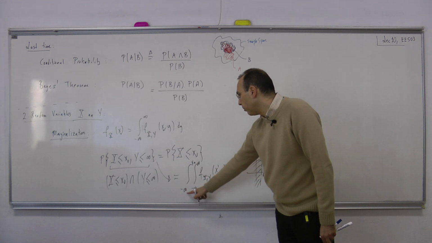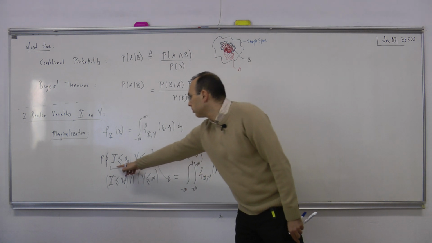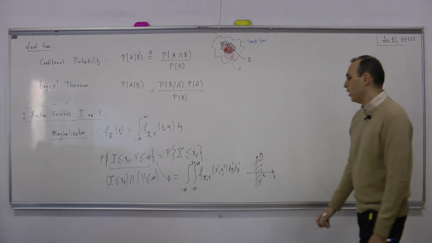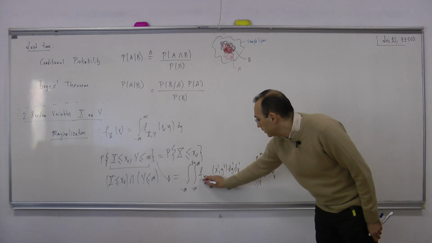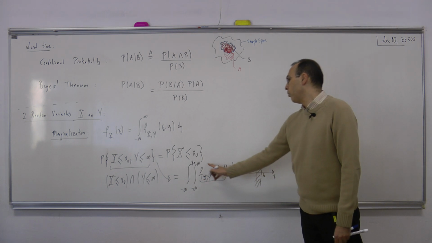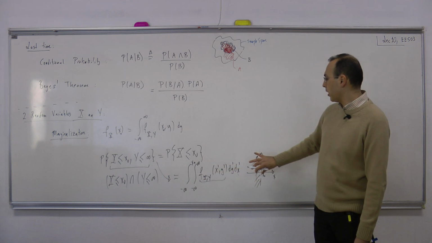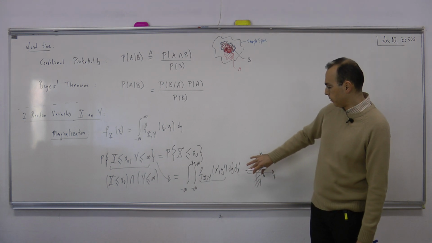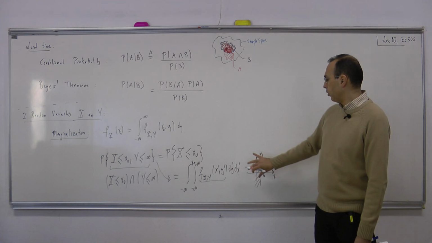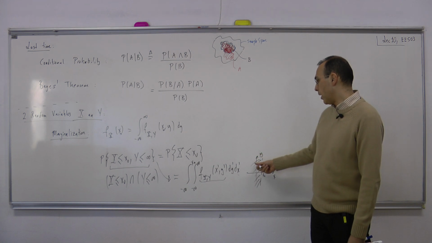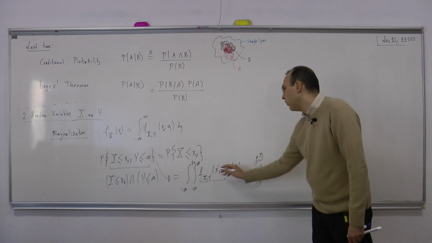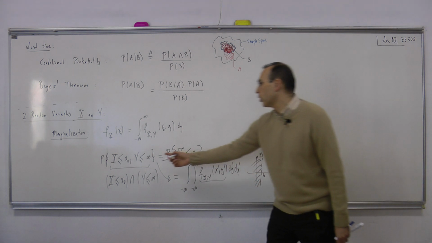So x ranges from minus infinity to x naught, to this part, and y ranges from minus infinity to here. So if I integrate this density function over this area, I calculate this volume over this area. The density function gives the height of this volume, so the height of this function. If I calculate the volume over here, I get this probability.